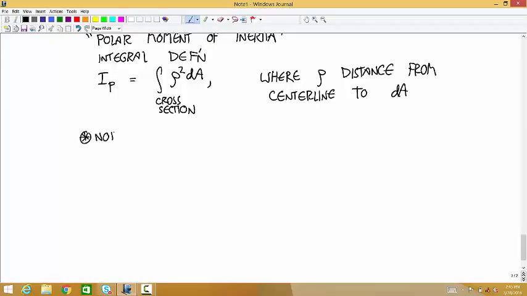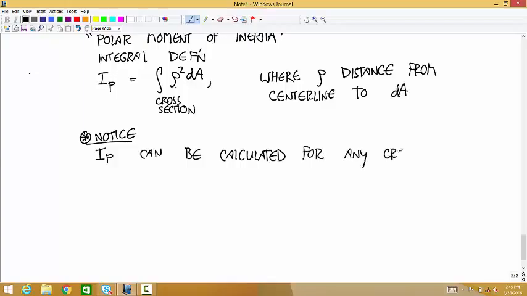One thing to notice is that the polar moment of inertia can be calculated for any cross-sectional shape, but we're only going to use it for circular shapes. We're not going to use this in calculating those thin-walled shapes.